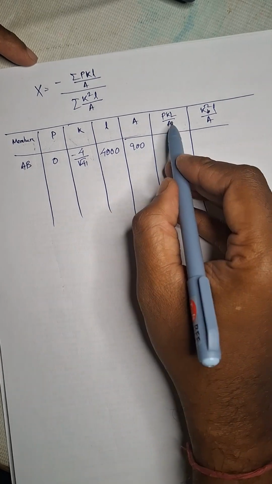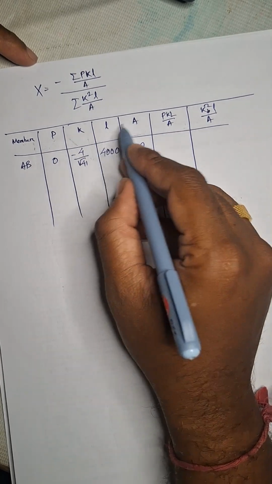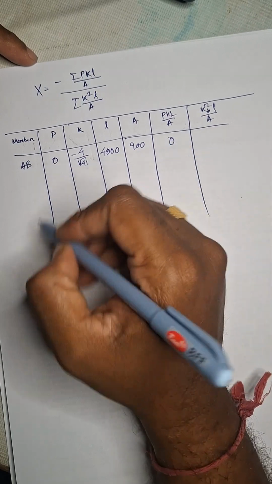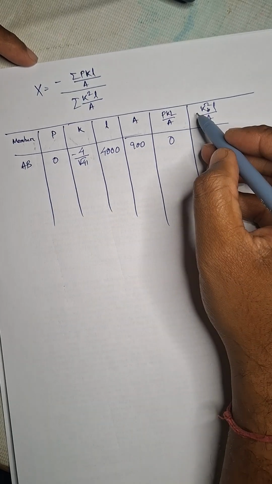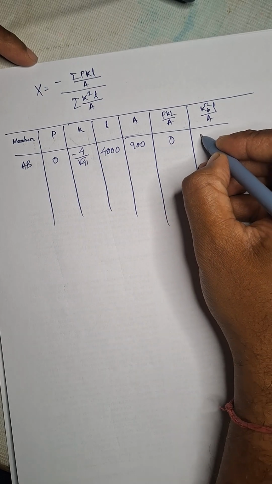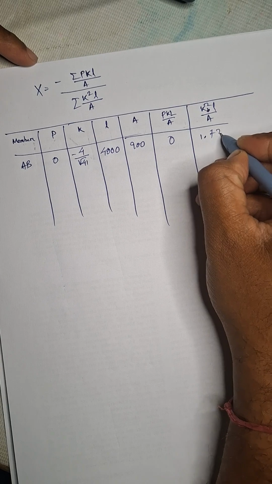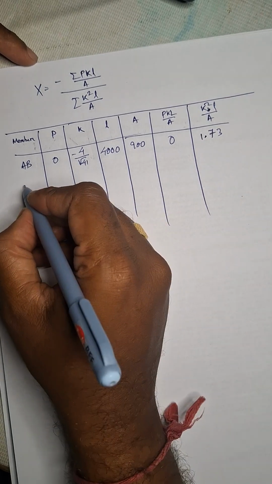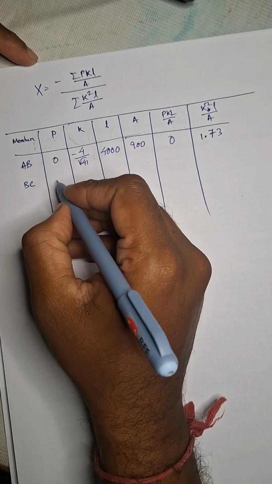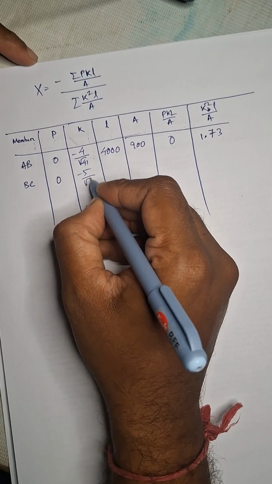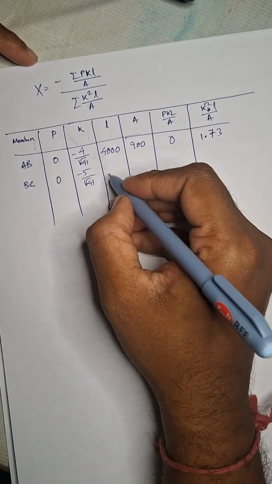So we can find this value now, PKL by A. This will become 0, obviously, because this term is 0. If we multiply K square by L, then we'll get the value of 1.73. The calculation part you can do. Similarly for member BC, again the force is 0. This value is minus 5 by root 41.